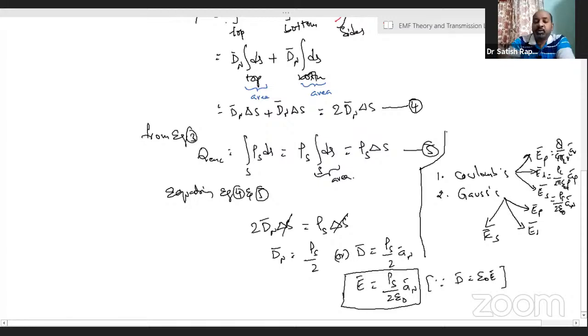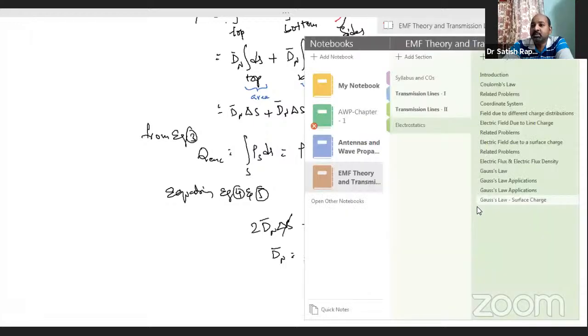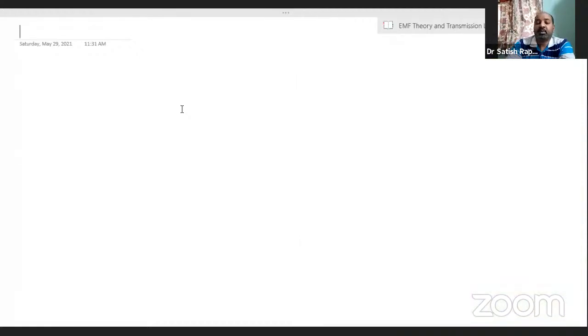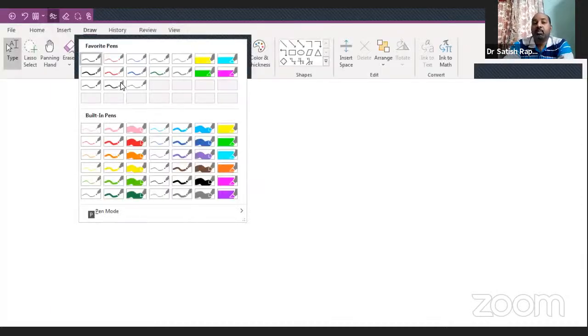And now we are going to enter into the third part. So first part is Coulomb's law, second part is Gauss law, and the third part is another concept we are going to discuss here, and that is electric potential.